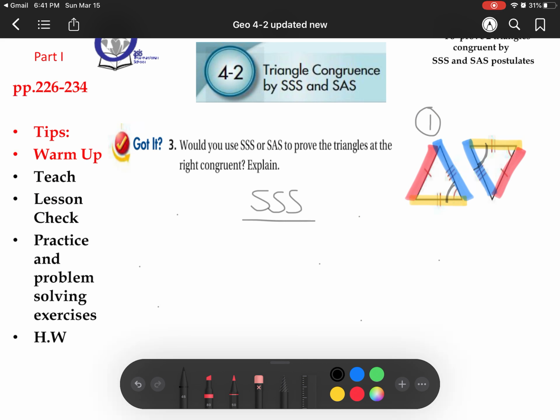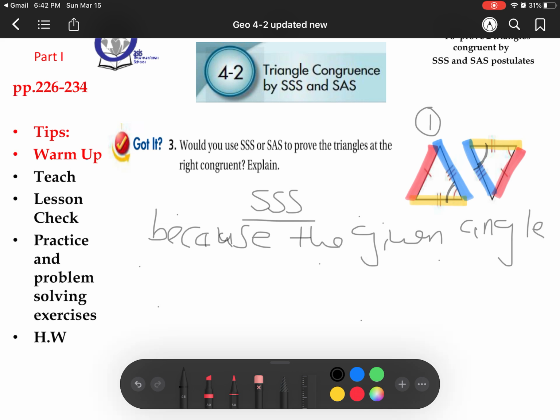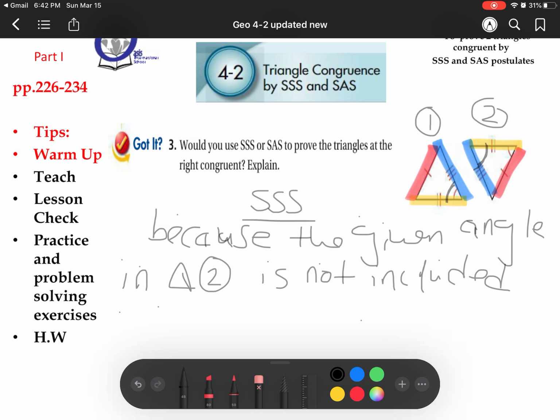No. So we can say that the given angle in triangle number 2 is not included between the sides.